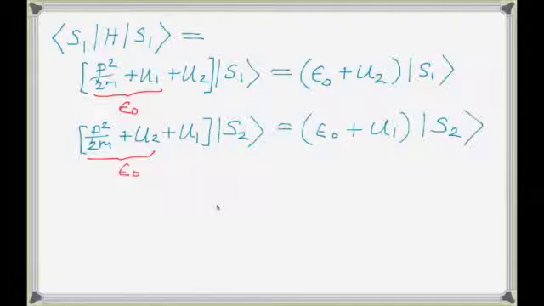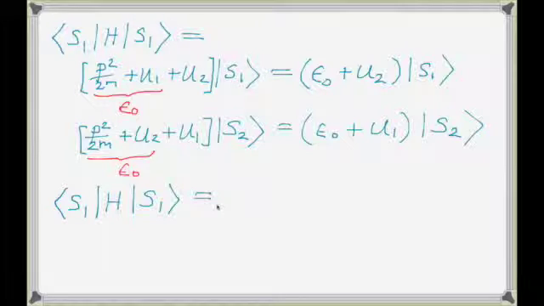So we always start off with the easier ones, and the easy ones are what they call the diagonal matrix elements. So that'll be S1, H, S1. To evaluate that, I just go over here and hit it on the left with S1. We've already done the right-hand side.